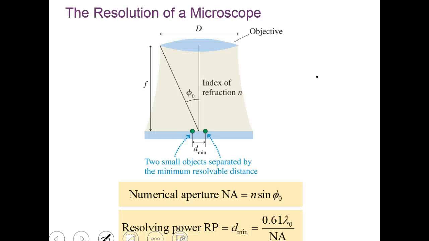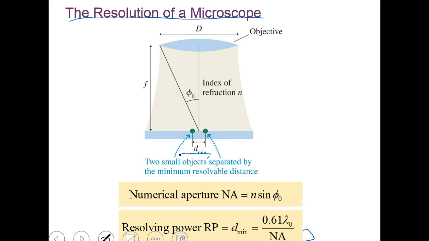We're going to move on and talk about the resolution of a microscope. And so the resolution of a microscope is entirely dependent on what we call the numerical aperture. And we don't express this as an angular distance, but as a physical distance between two things, like two bacterial cells, right?